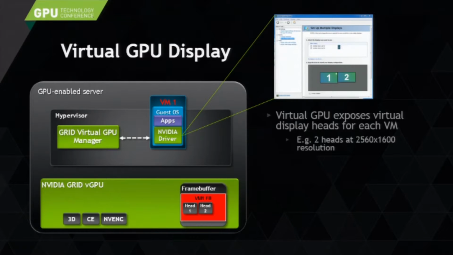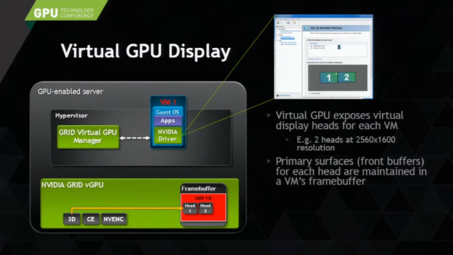Each of the virtual heads has a primary surface or front buffer that is stored in the vGPU's frame buffer. Okay. So graphic work is queued from the virtual machine and is rendered to the primary surface, where it would normally have been scanned out to a physical display connector. But in vGPU, that scan out is replaced with a high-performance delivery method that is back to the VM system memory.